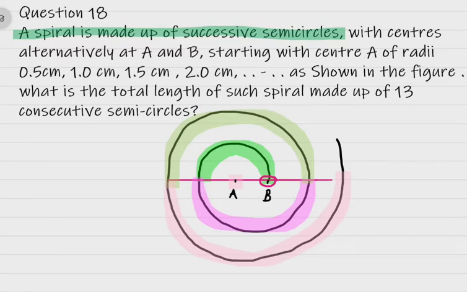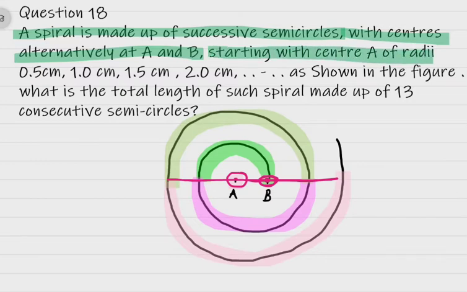Like this, I have shown you the semicircles, with centers alternately at A and B. You'll see that A is one center and B is one center. With A, you have semicircles on top of this line, and with B as center, you have semicircles below the line.